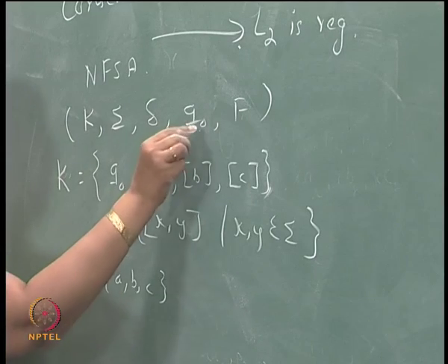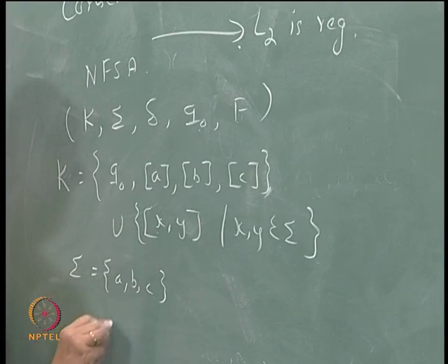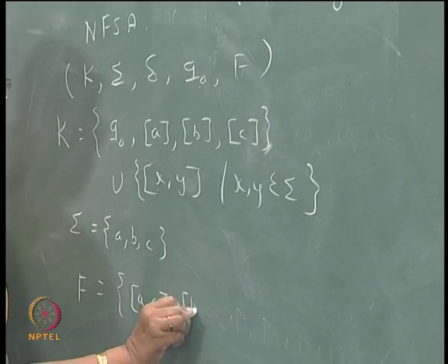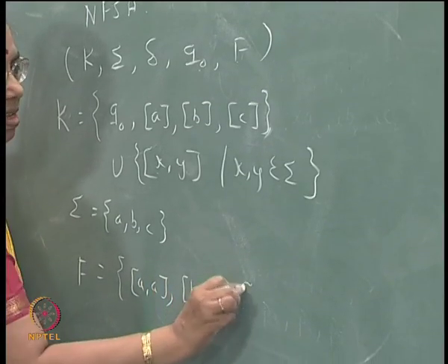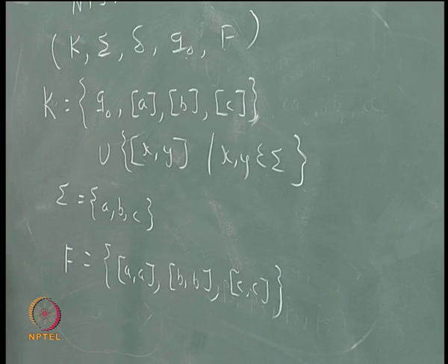Now, Q naught is the initial state, F consists of AA, BB, CC. Now, we have to write the delta mappings.